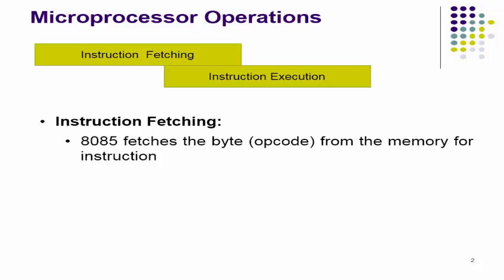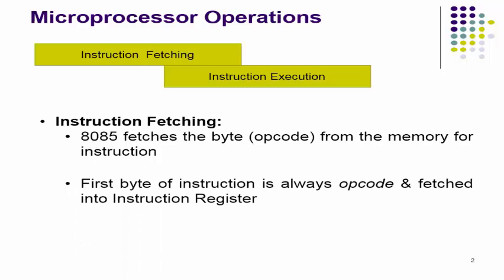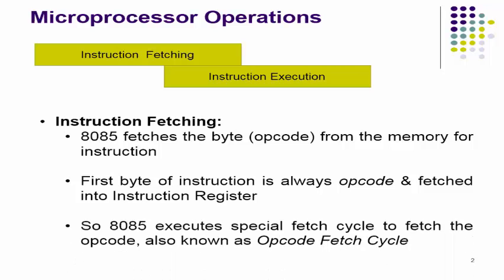The 8085 fetches the byte or operational code for the specific instruction. The first byte of any instruction, always remember, is the opcode, which is fetched from the memory and loaded in the instruction register. The 8085 executes a special fetch cycle to read the opcode from the memory, and this cycle is also known as the opcode fetch cycle.